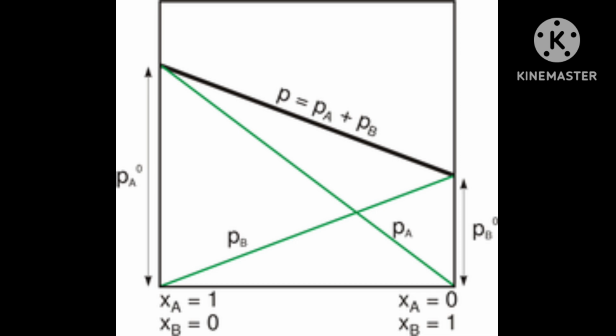If you want to know the vapor pressure of component 1 or component 2, at that time you have to consider the total pressure. This is an important thing here.